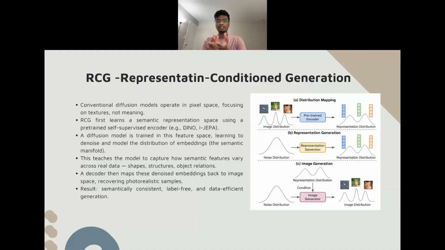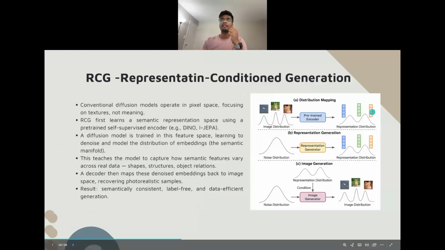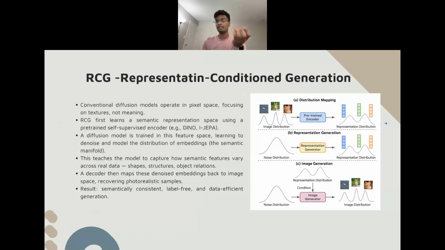This paper, RCG, moves the generation process into semantic feature space. They take an encoder, which could be I-JEPA itself or any other encoder, and get a feature space. They take another diffusion model which learns that feature space, which is a representation distribution.